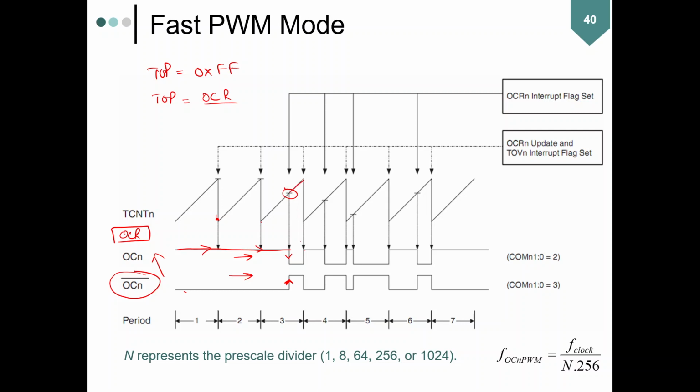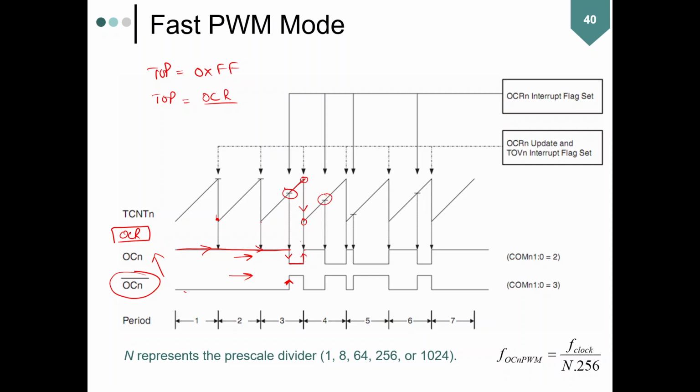And the counter keeps counting, goes all the way up to top, and at the top, it goes to the bottom, right? Once it goes to the bottom, the timer rolls over. At that point, your output again goes from low to high.